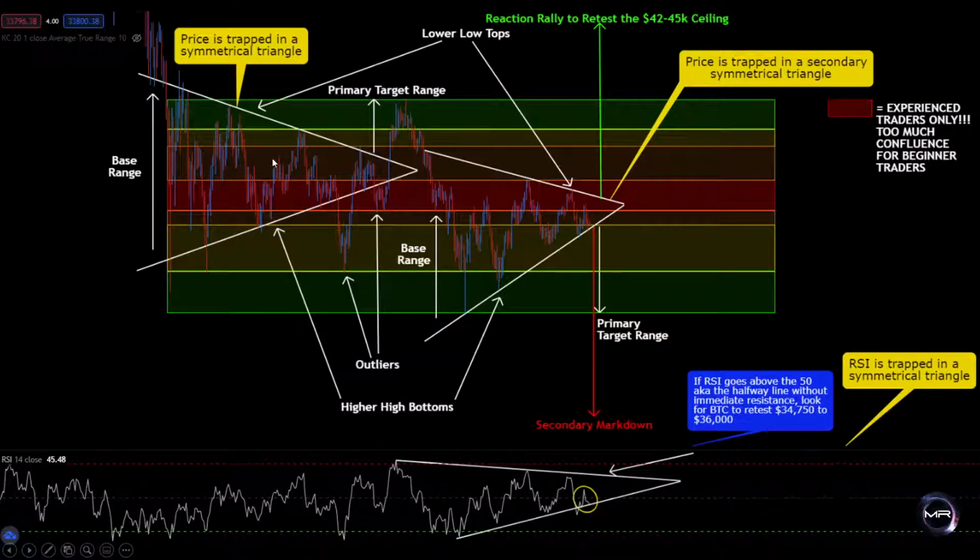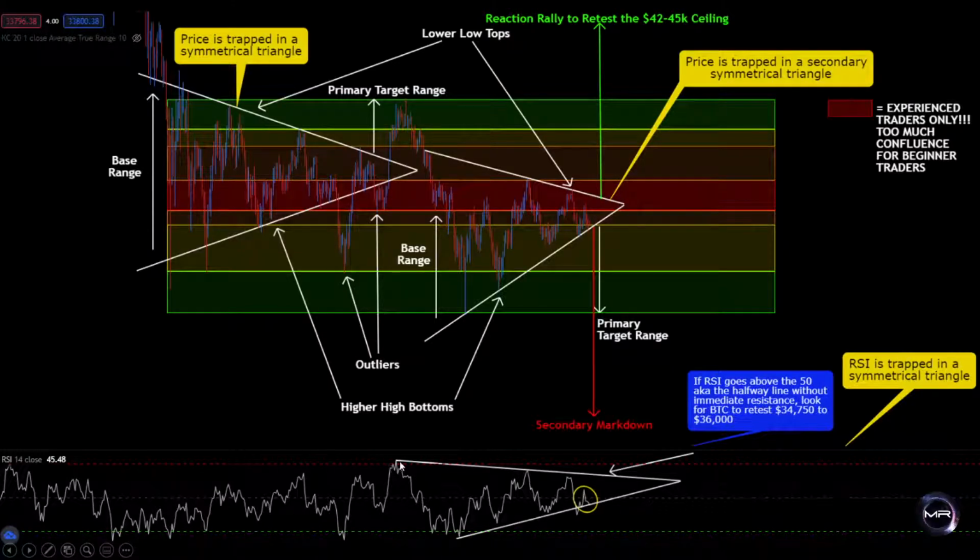So what I mean by symmetrical triangle is that once the range dropped in, the price was setting lower highs, but also setting higher lows. We had an outlier that jumped right to the next symmetrical triangle, trapped in lower highs, but creating higher lows.